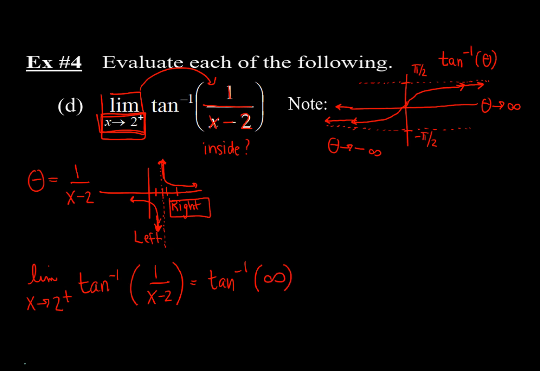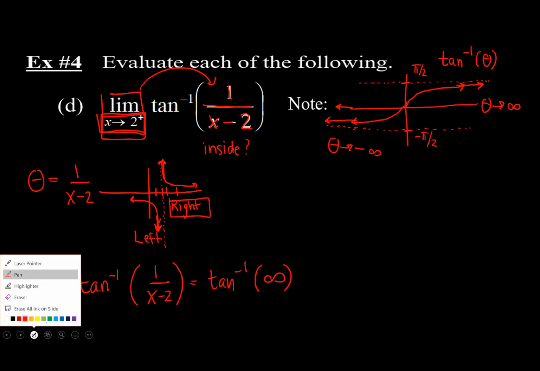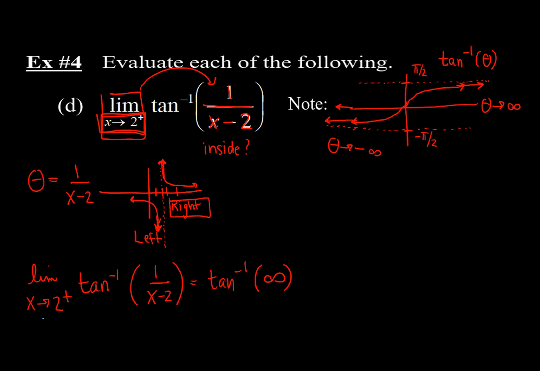Well, we can see from our graph that if theta is approaching positive infinity, the inverse tangent function is approaching this horizontal asymptote of pi over 2. So this thing is going to be pi over 2.